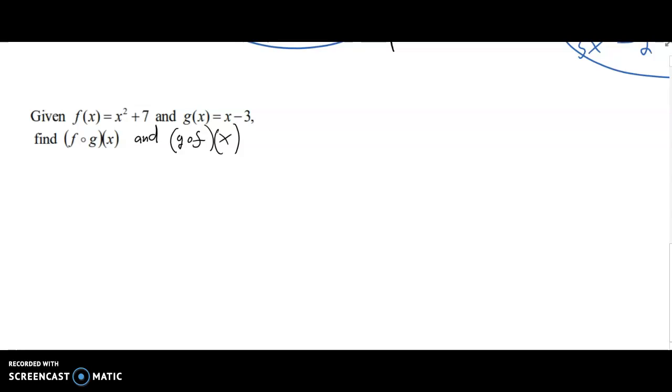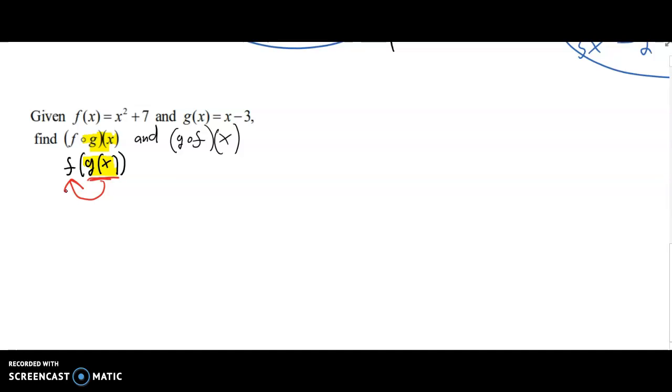We're given two functions again. We're given an f and a g, and then it wants us to find f of g and g of f. Okay, so this is f of g of x. We're going to plug g into f.